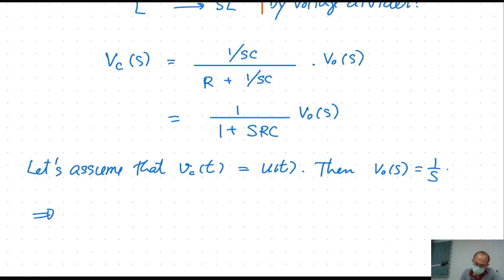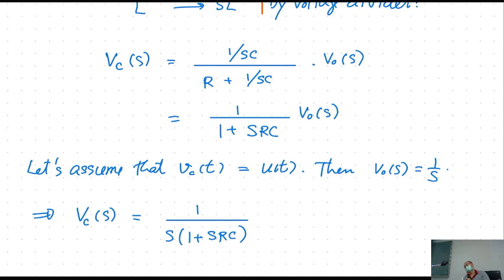And so when the input signal is unit step, the output signal in the S domain would be 1 over S times (1 plus SRC). And then we can decompose it into two terms, as we've done previously. So the first term is over S, the second term is over 1 plus SRC. Actually, I should write it down like this.